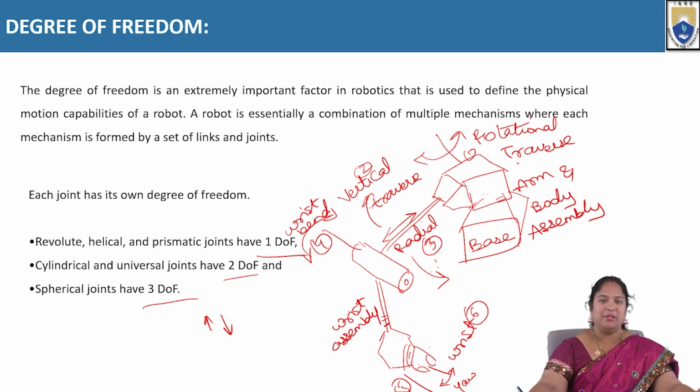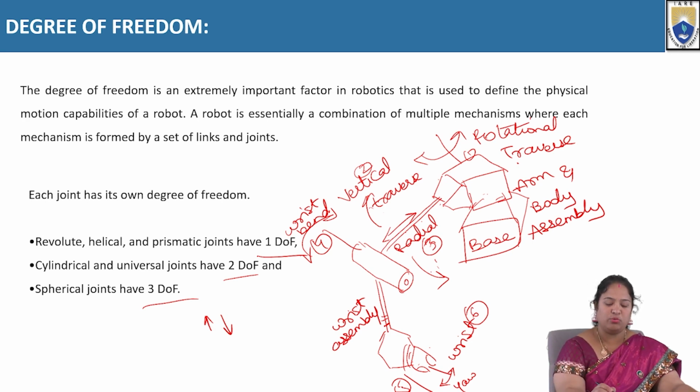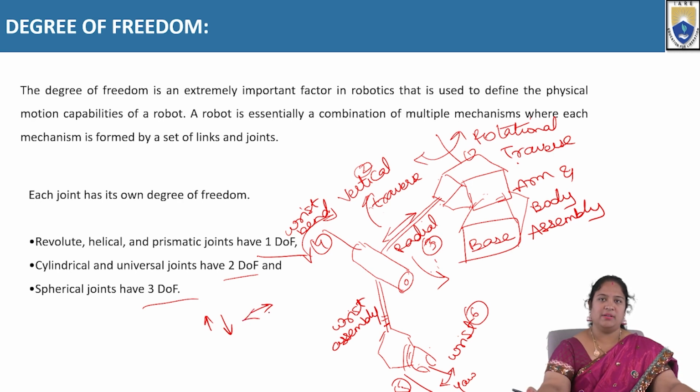This particular manipulator is moving in the vertical direction, whether it is up or down, depending upon the height. Whereas the manipulator has an in and out movement also, right? The manipulator is also having the in and out movement, that is called a radial movement.